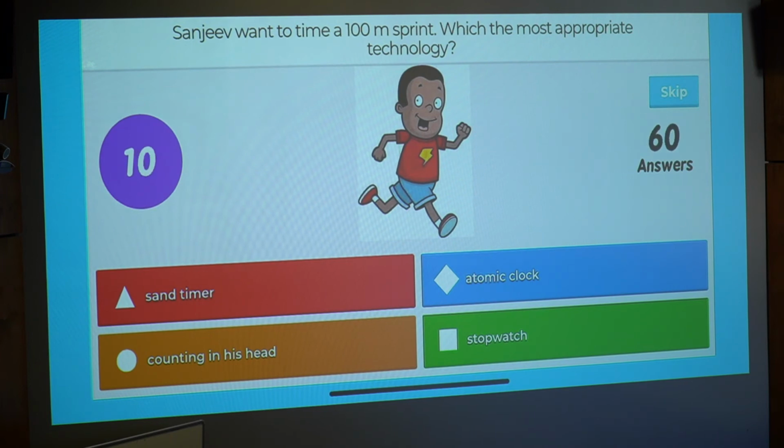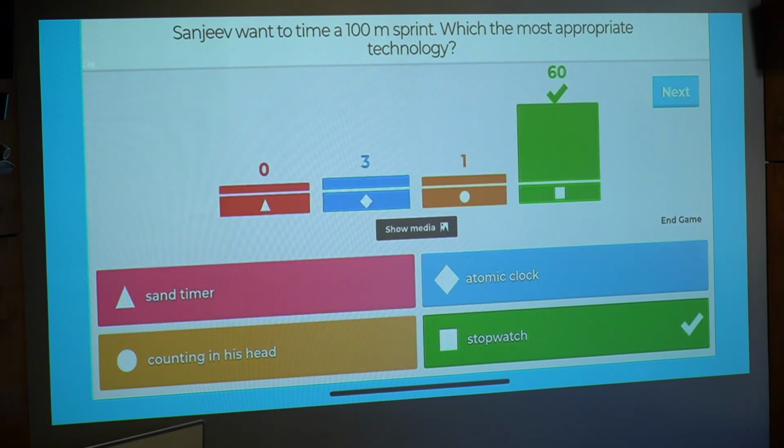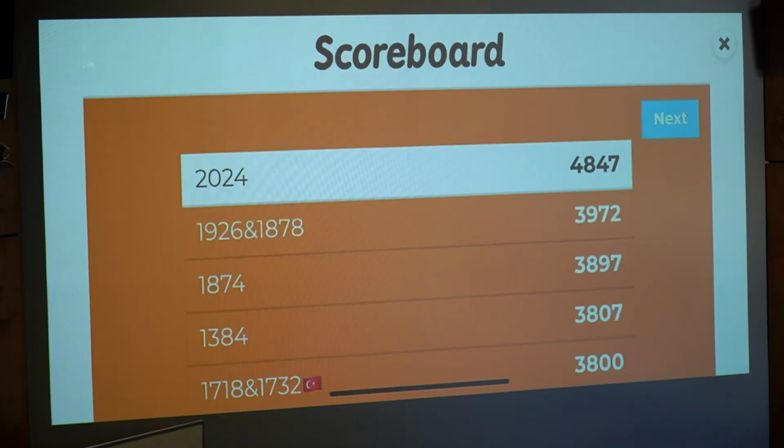It'd be very accurate, it'd be a pain to use though. The reason the atomic clock is not the most appropriate is that it's a pain in the butt to use in that situation.